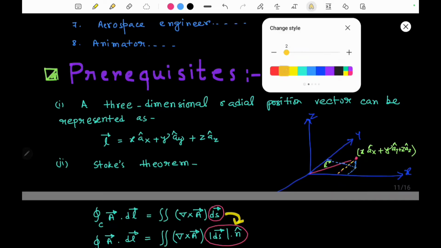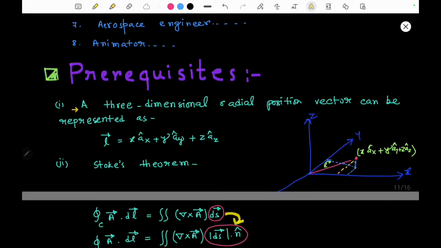So let's change the color here. A three-dimensional radial position vector can be represented as L vector equals x ax cap plus y ay cap plus z az cap. It means in the x direction the length is x, in the y direction the length is y, in the z direction the length is z.